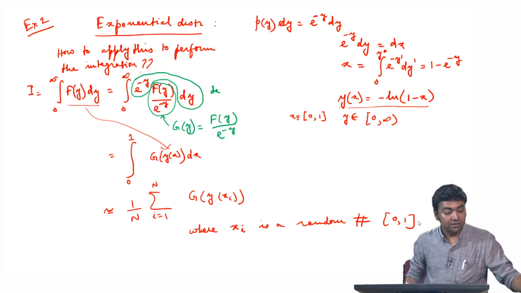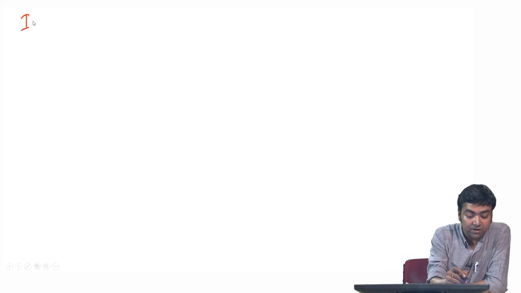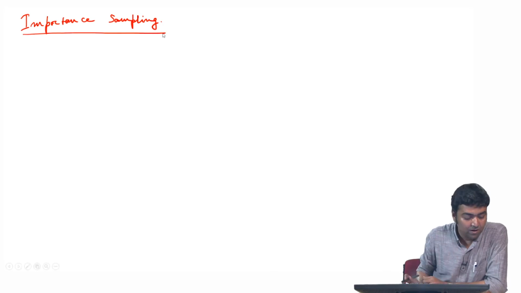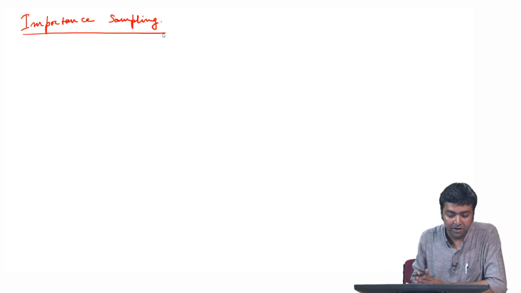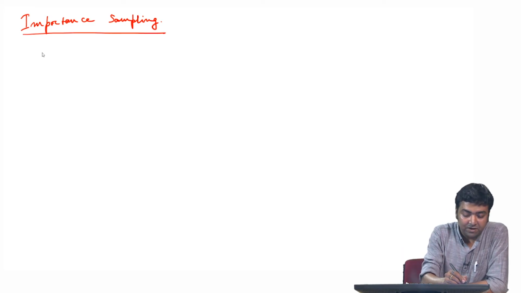In the last part, we go to the second part of this improvement method, which we call importance sampling. The idea was already explained briefly a couple of slides back. I am just reiterating.